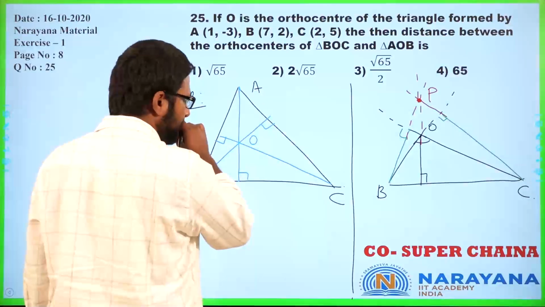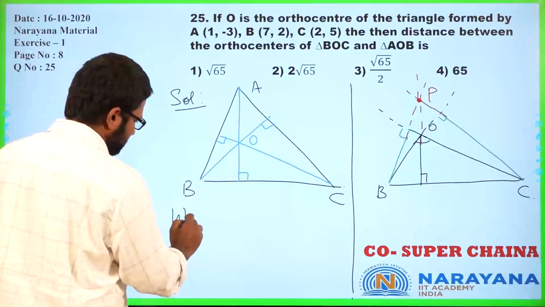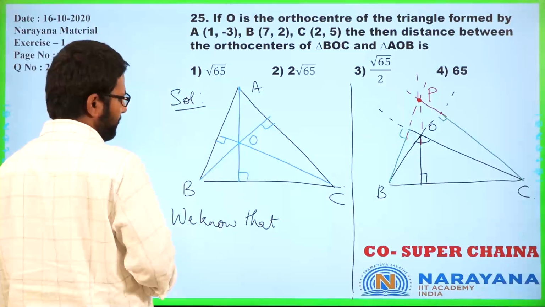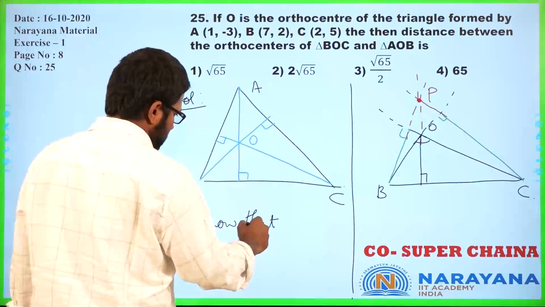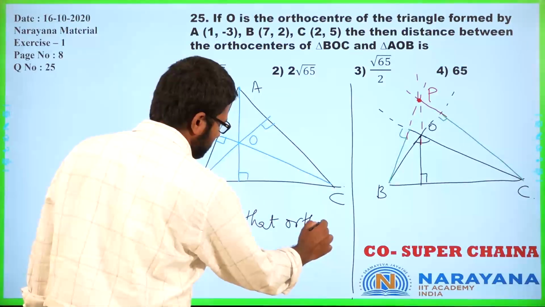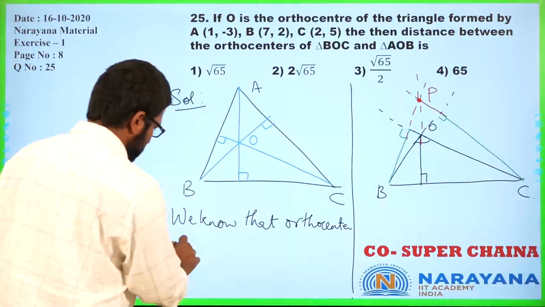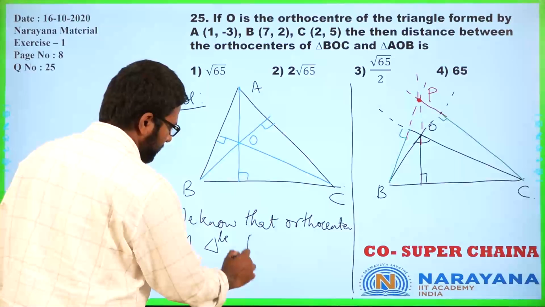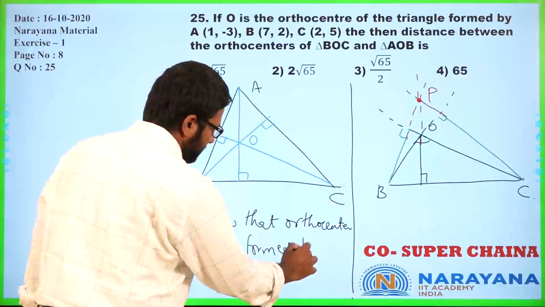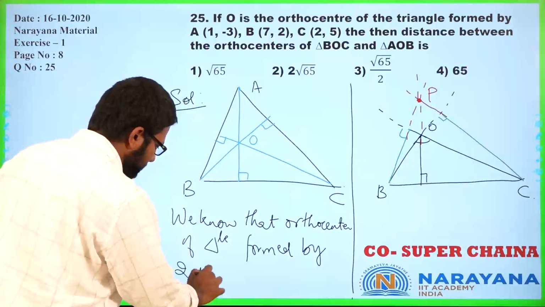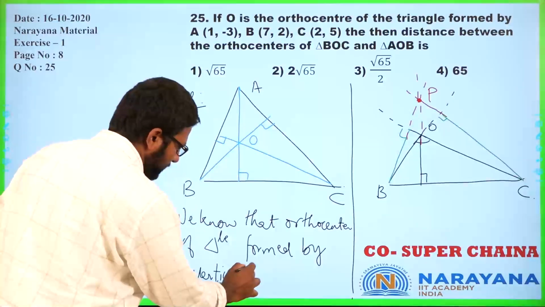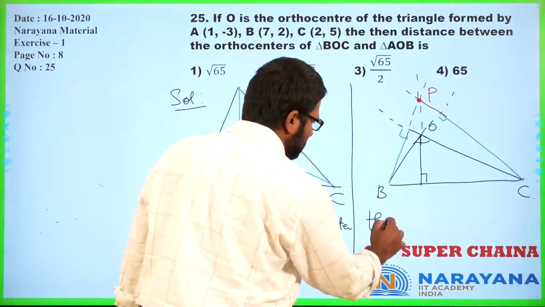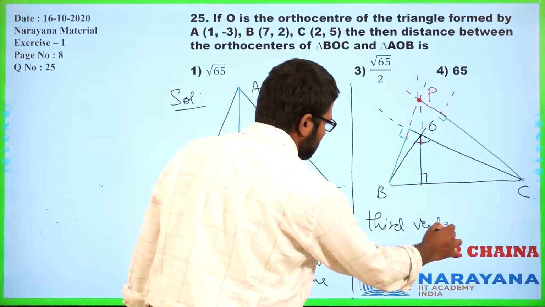That we know that the orthocenter of triangle formed by two vertices and O is automatically the third vertex.